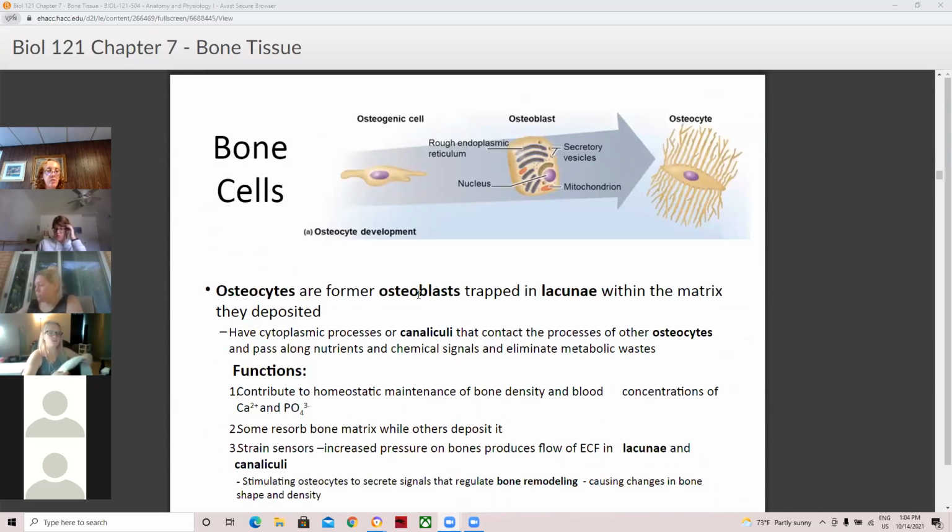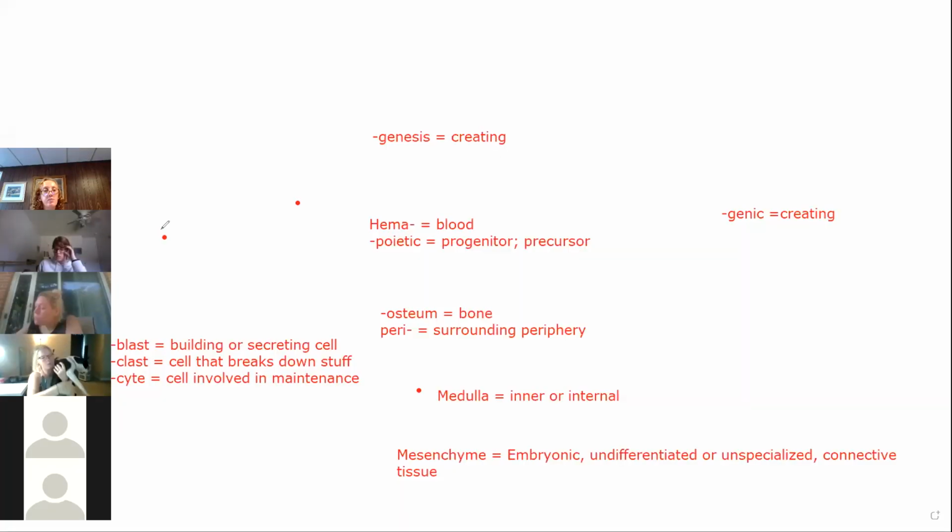Osteocytes are former osteoblasts that are trapped in lacunae. Lacunae are cavities.